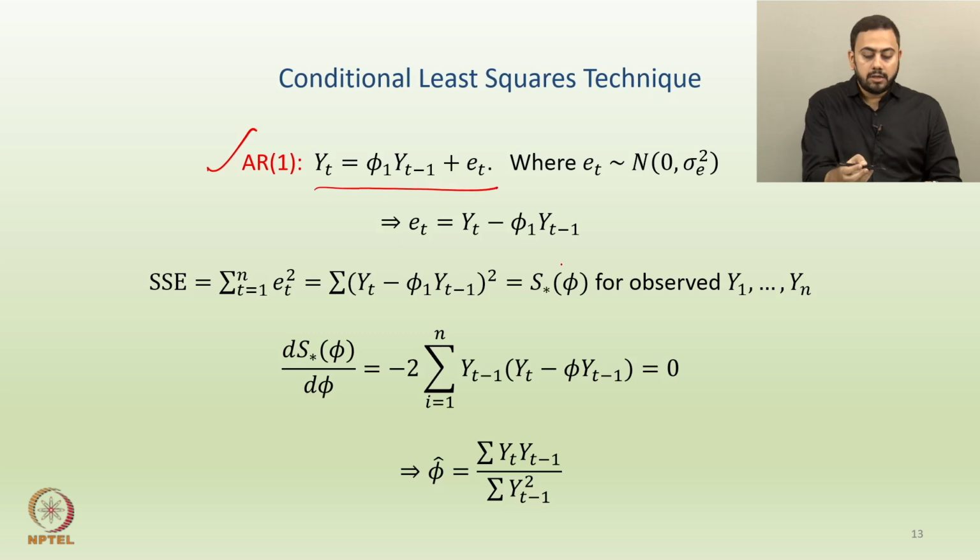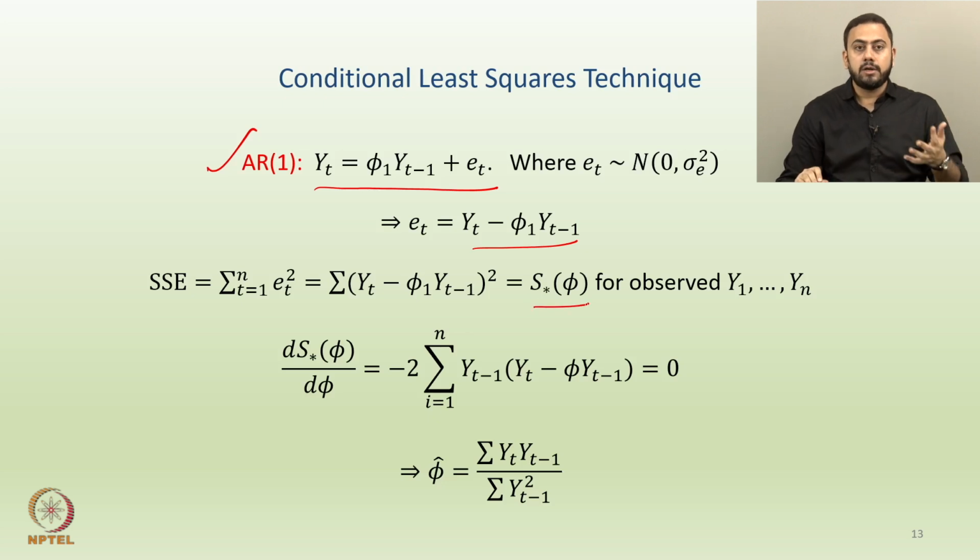Now you get hold of the sum of squares of the errors. So summation et square would be nothing but the summation of this structure squared: yt minus phi 1 yt minus 1 whole square, and this is nothing but my S star. Now what do you do? You differentiate this, right.